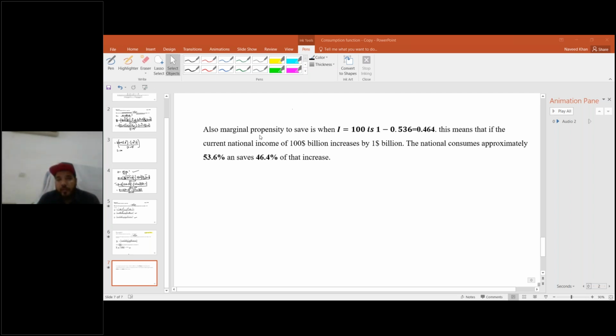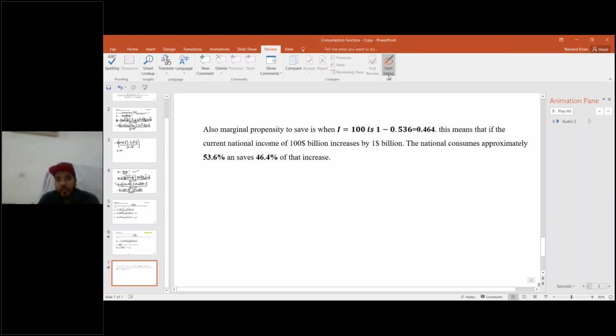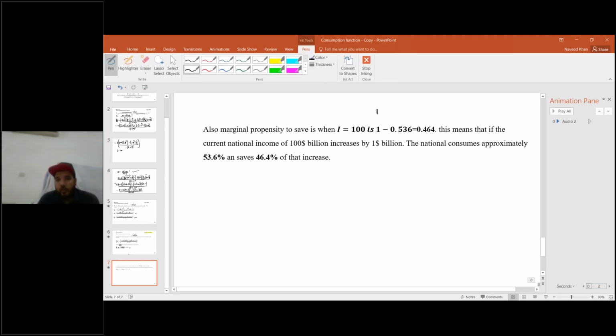But one more thing, dear student, you need to write down this sentence. The marginal propensity to save: the formula which we have is 1 minus dc by di.